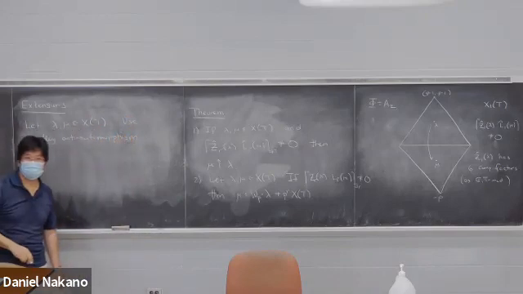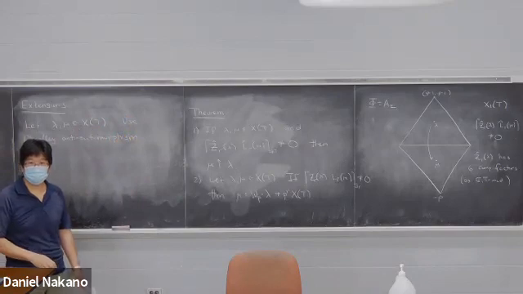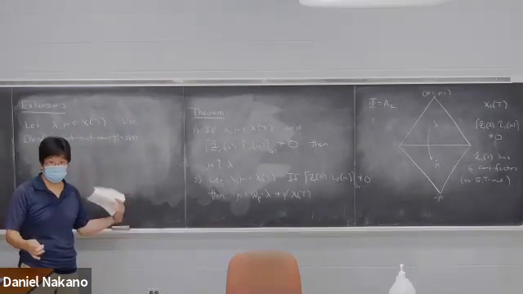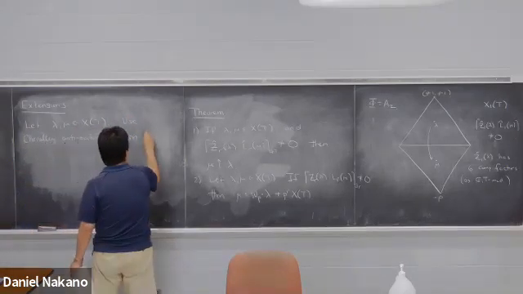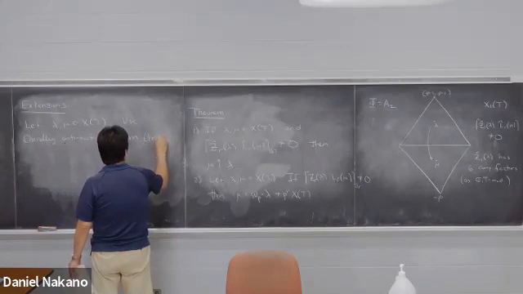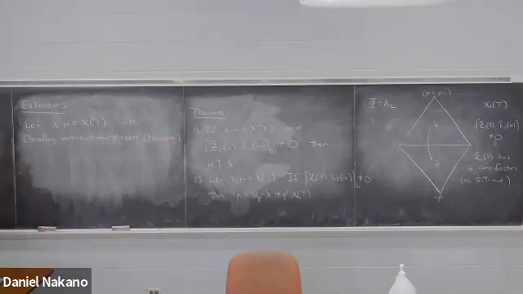This is just a fancy way of saying it's a transpose, because in GL_n it's just a transpose. Just take the transpose of the matrix. And with the transpose dual, you get the following.